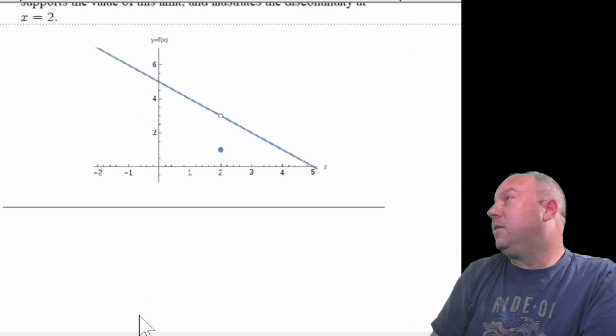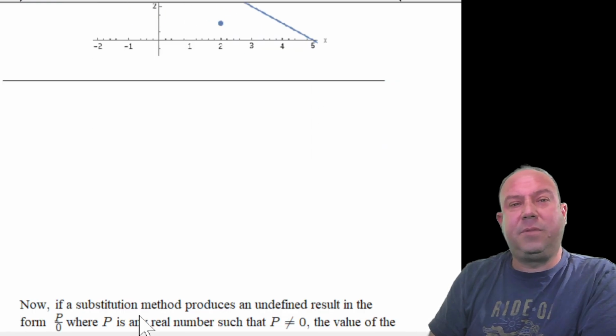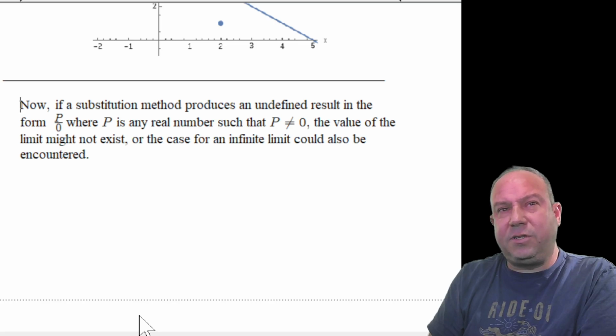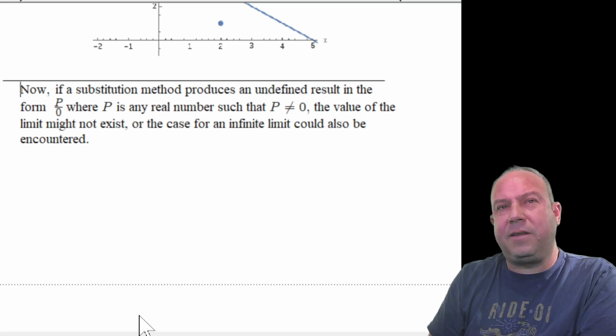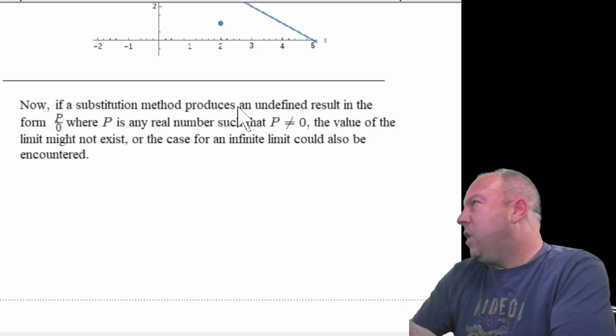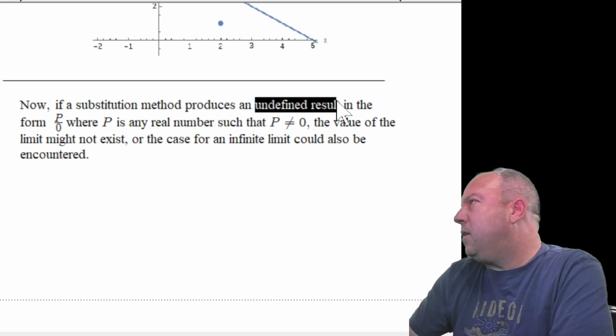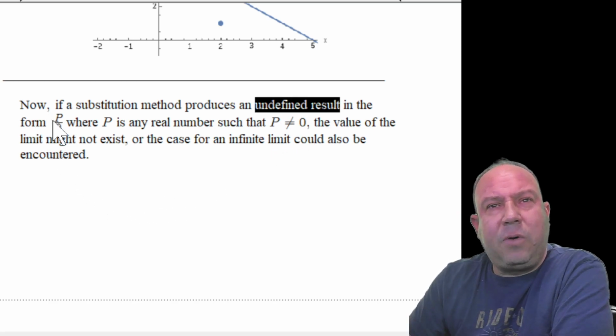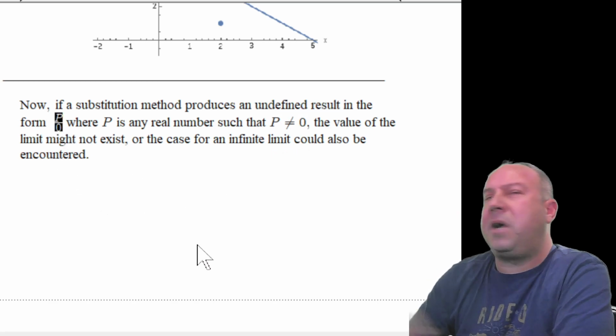Let me scroll down here, bring some notes in effect. There are times where you apply substitution method, and what you end up with is not a real number, but you obtain an undefined result. And what's an undefined result? Well, that's when you have any real number divided by 0.